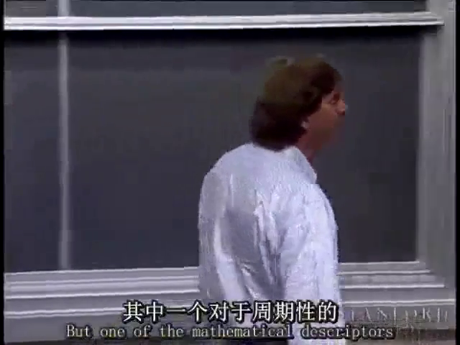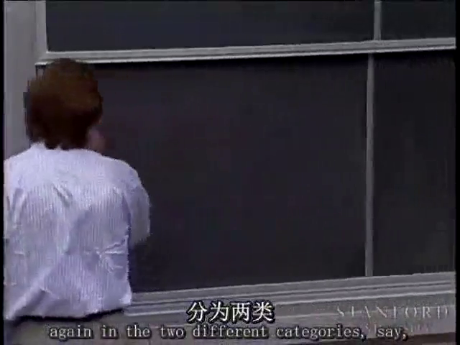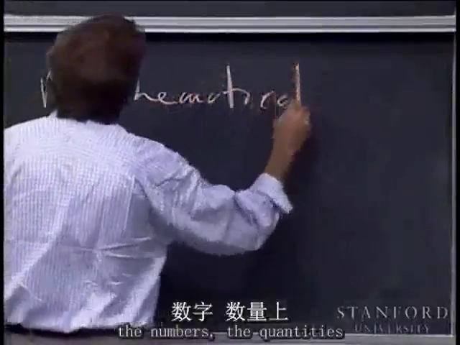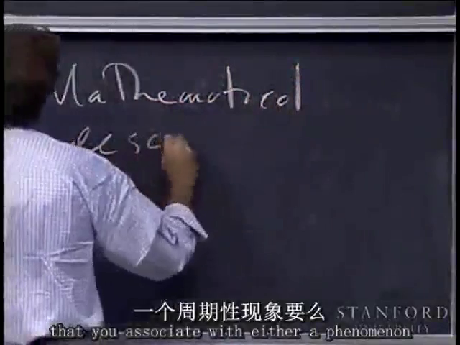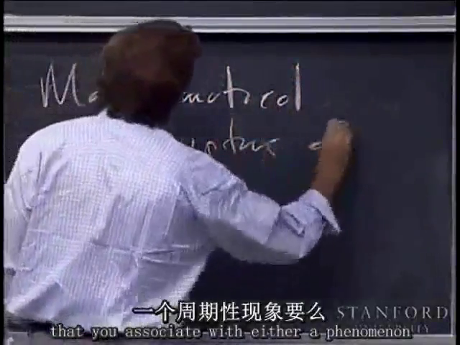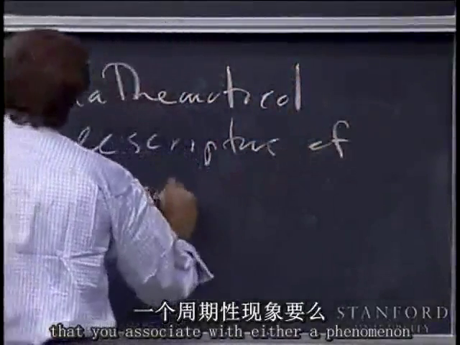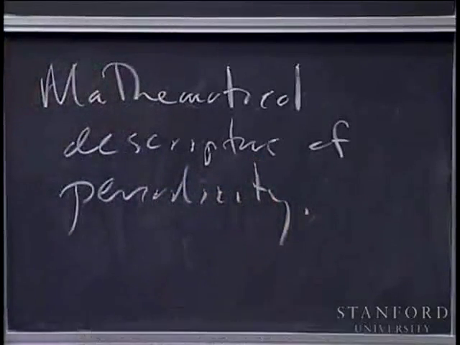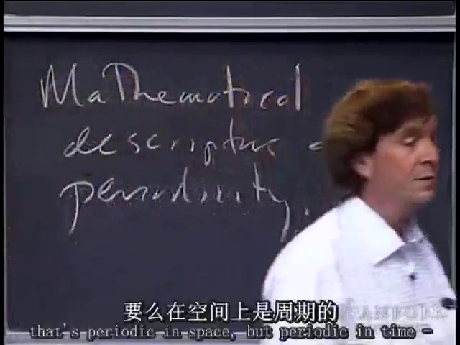But what are the mathematical descriptors of periodicity? Again, in the two different categories, say. The numbers, the quantities that you associate with either a phenomenon that's periodic in time or a phenomenon that's periodic in space.